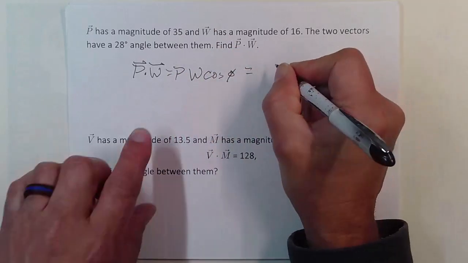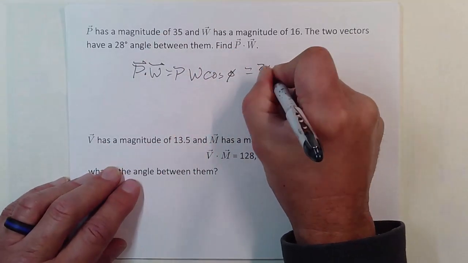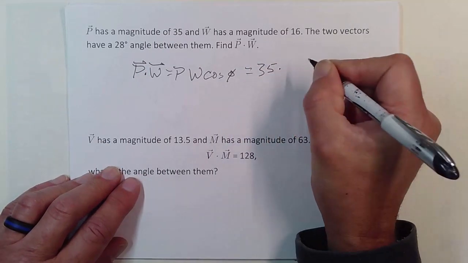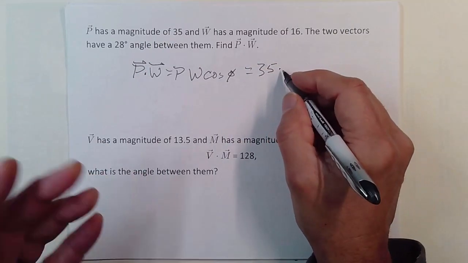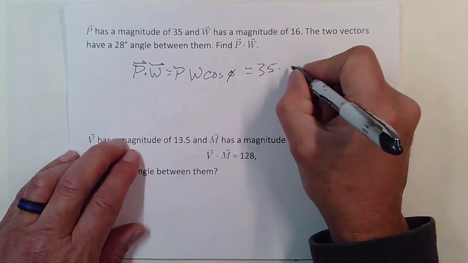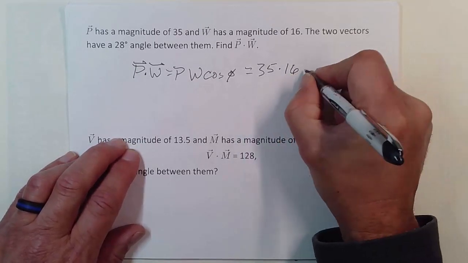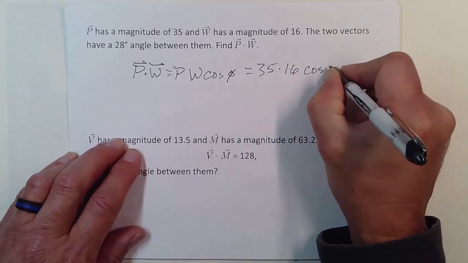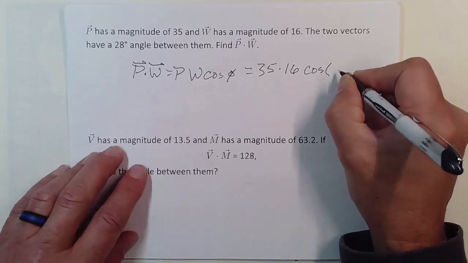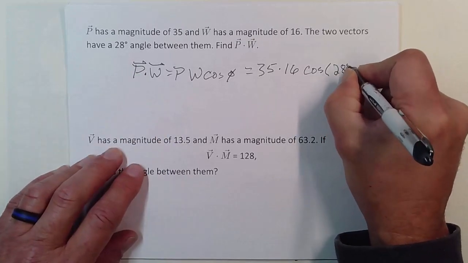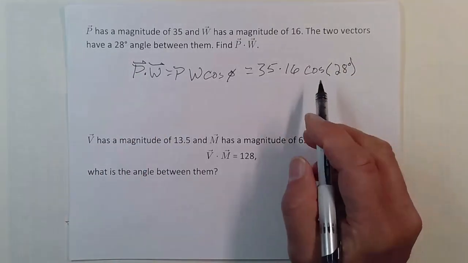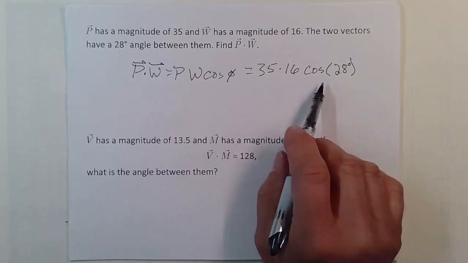which in this case is going to be 35 times, now here I'm using a raised dot just to indicate multiplication, times 16 times the cosine of 28 degrees. You could do this in radians if you wanted to.